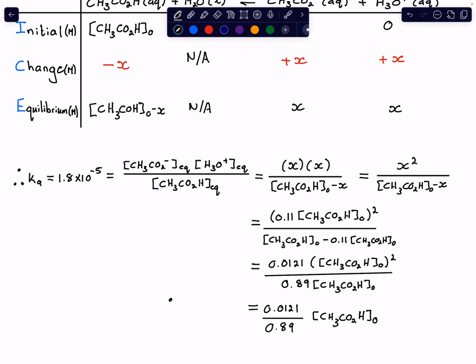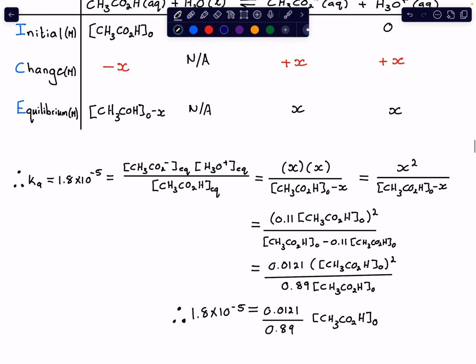Let's remind ourselves what this is all equal to: Ka, which is 1.8 times 10 to the negative 5. So we can solve this for the initial concentration of CH3CO2H.